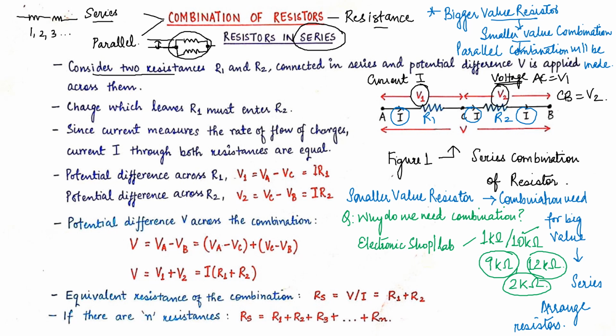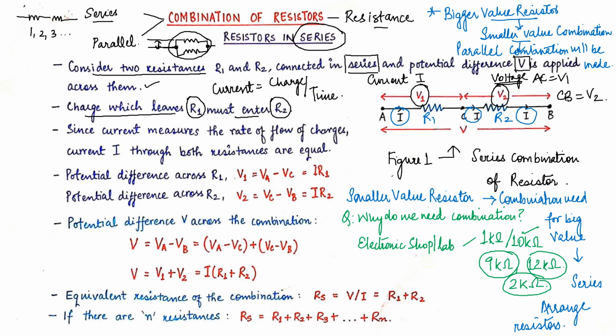Consider two resistances R1 and R2 connected in series and potential difference V is applied across them. Charge which leaves R1 must enter R2. What is current? Current is charge per unit time.